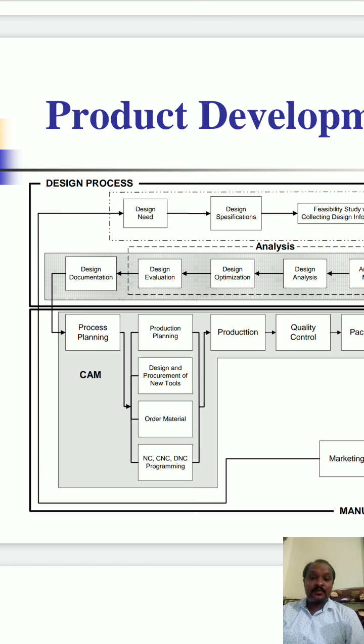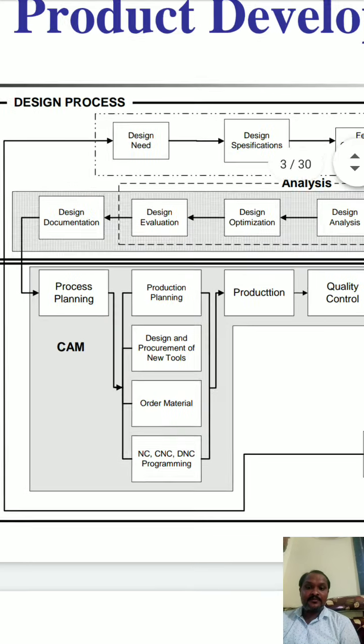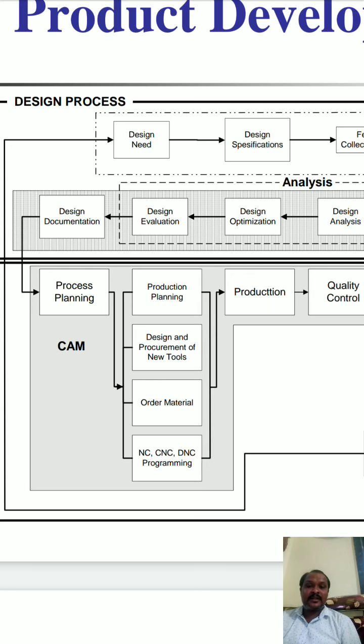That is called a process plan. The process plan will have different parameters: production planning, design and documentation of new tools, ordering materials, machines also, NC, CNC, DNC programs, etc.